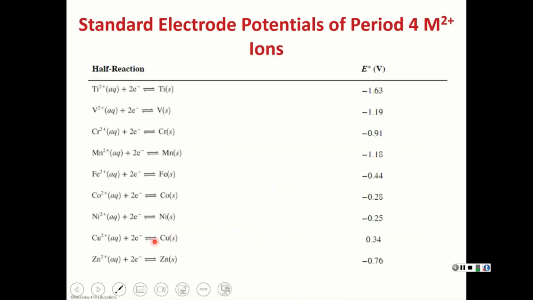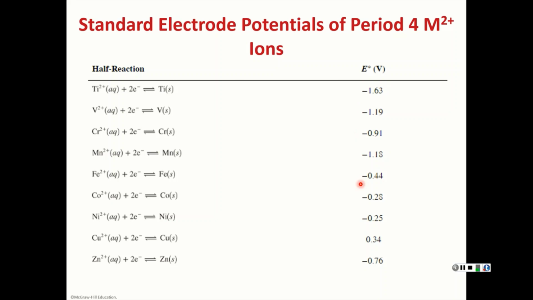So if we look at this table, probably not too important to note, it shows the ability of these 2+ ions for each of these transition metals. So we're again going across the fourth row of the periodic table from titanium to zinc. They're all 2+. The ability of them to accept 2 electrons to become their solid metals, uncharged, is referred to as reduction potential.